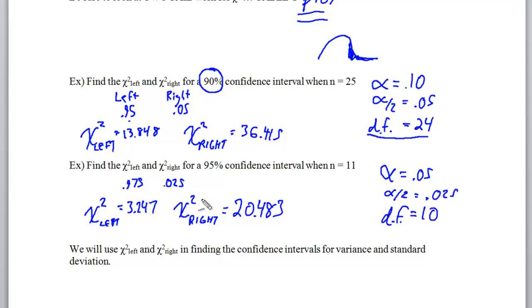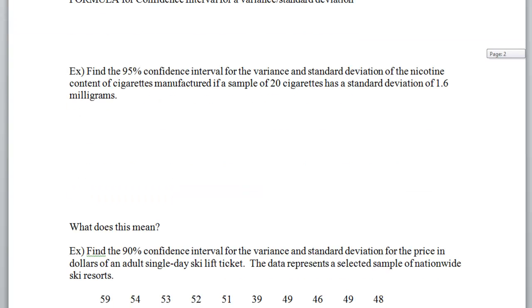Alright, so let's use our knowledge of how to find chi-squared left and chi-squared right to find the confidence interval for variance and standard deviation. Here's the formula. We take n minus 1, which is our sample size minus 1, and multiply that by the standard deviation squared, that would be the variance, and divide that by chi-squared right.